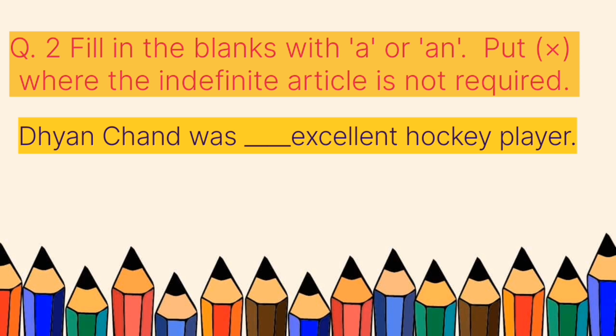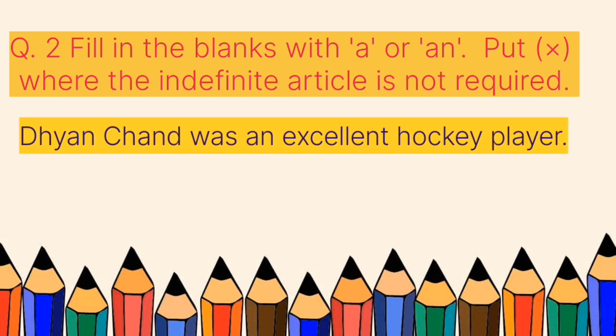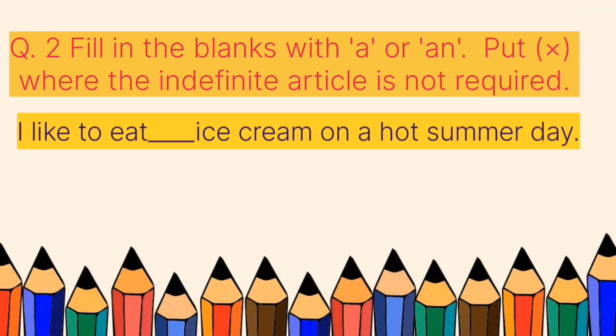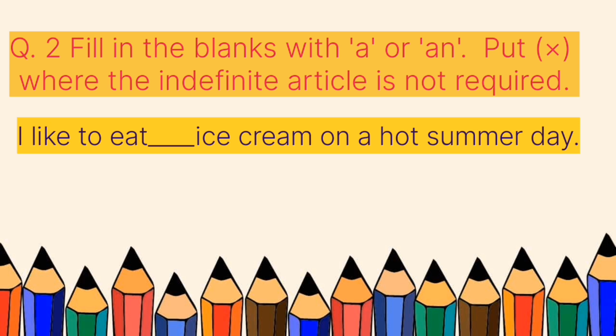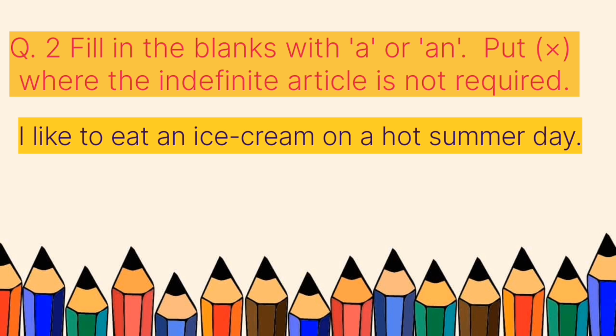The answer is: Dhyan Chand was an excellent hockey player. Here, an is used because excellent starts with a vowel sound E. Next example: I like to eat dash ice cream on a hot summer day. The answer is: I like to eat an ice cream on a hot summer day. An is used because ice cream begins with the vowel sound I.